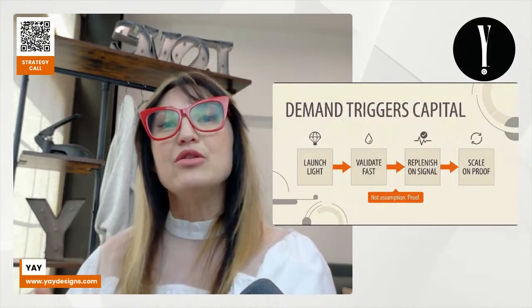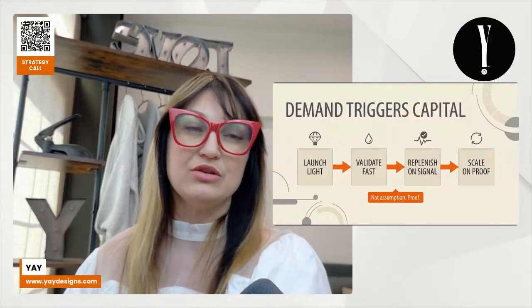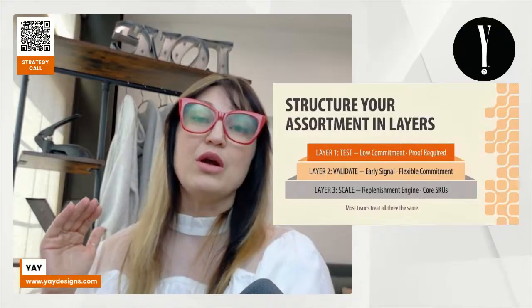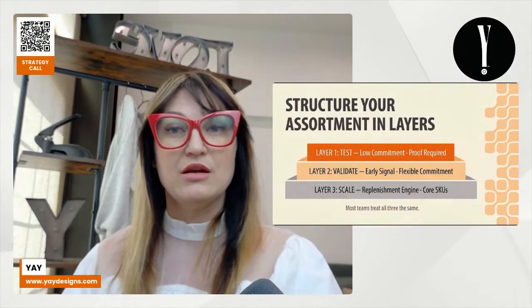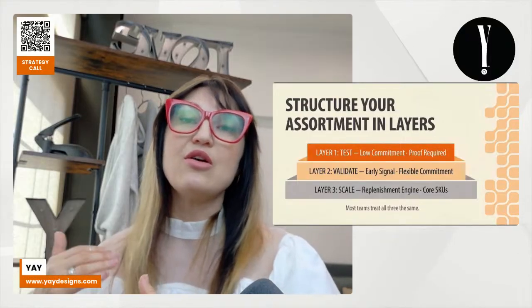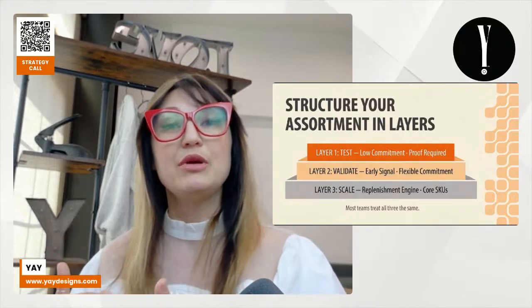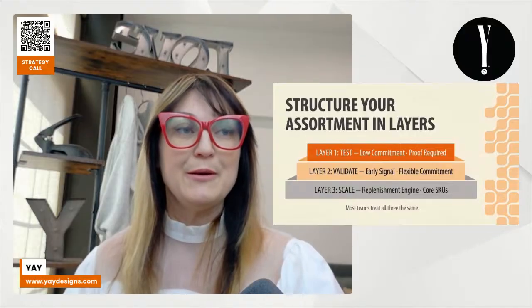So thinking about your assortment in 3 layers is a really good way to look at it. One layer we're thinking about is our testing layer, right? Low commitment. Layer 2 is our validation, which is the early signal product. And layer 3 is where our actual scale, the replenishment engine, is.